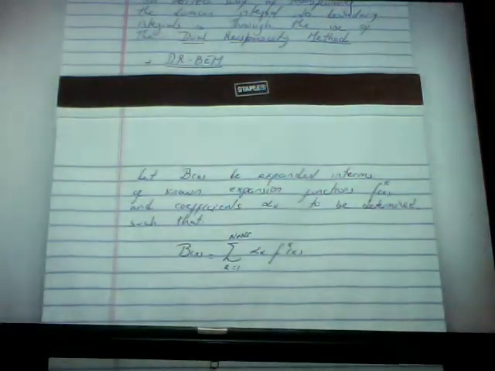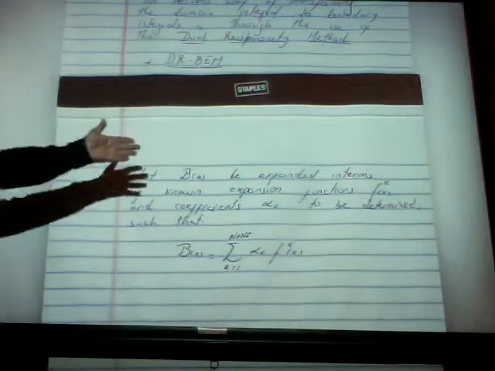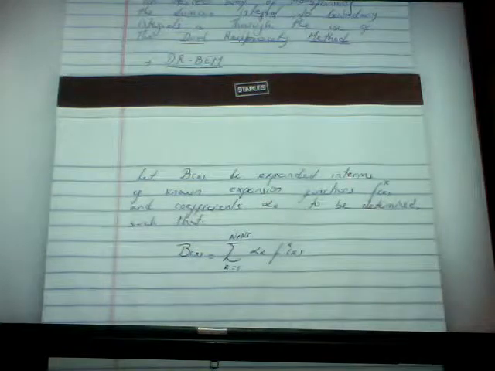This is a very simple expansion. The functions f_k can be polynomials, for example. We can pick k different polynomials.